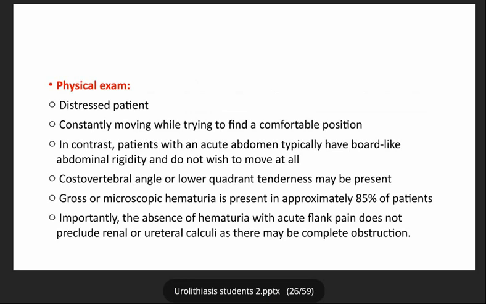This is what makes it different from the patient with peritonitis. The patient with peritonitis or acute abdomen will stay still in the bed. They will not move. They will try to avoid any movement. So that's the difference between renal colic and acute abdomen. Also in examination, you can tap the back of the patient to elicit costovertebral angle tenderness. Some patients have gross or microscopic hematuria associated with flank pain.